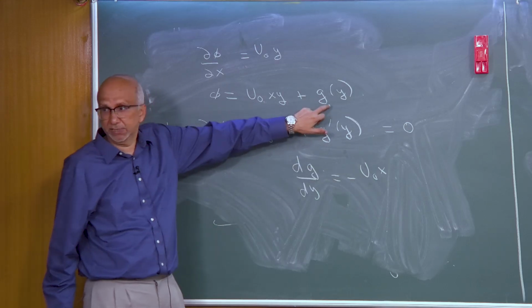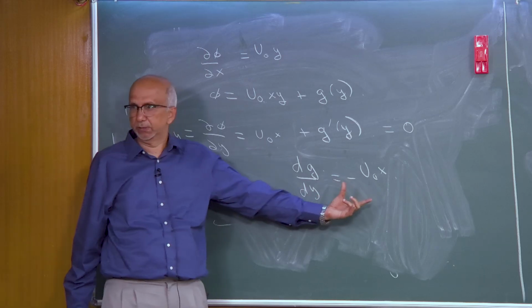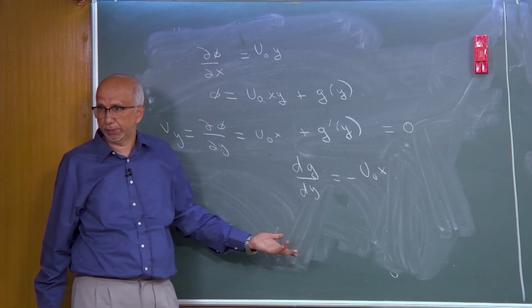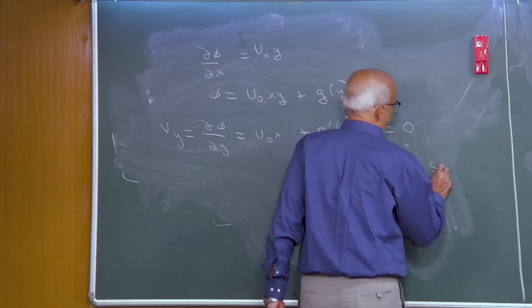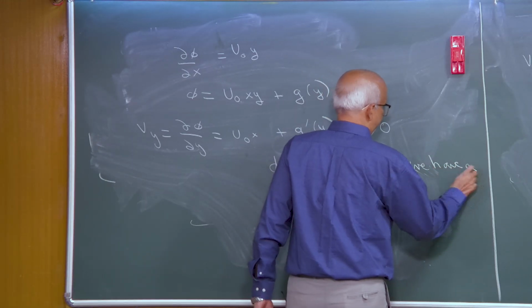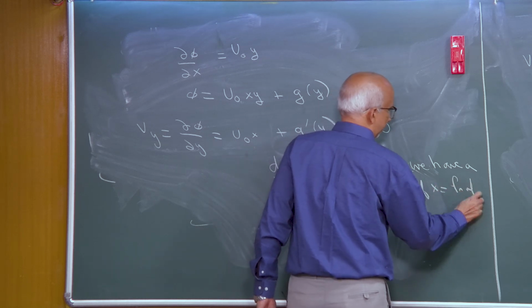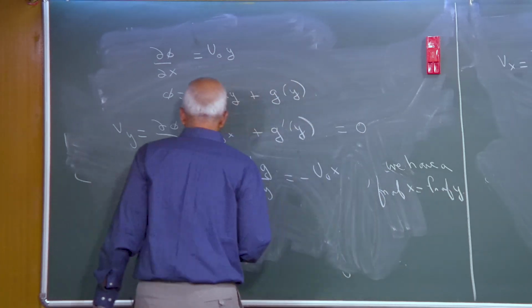The basic assumption is this is a function of y. So, I have a function of y here, I have a function of x here. So, I have a problem. Okay. So, we have a function of x equals a function of y, and so this is inconsistent.